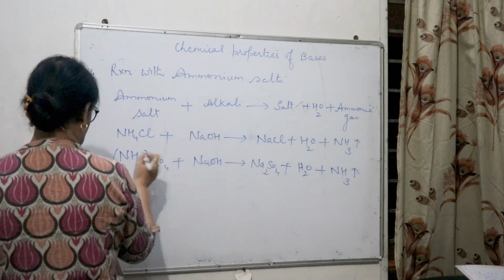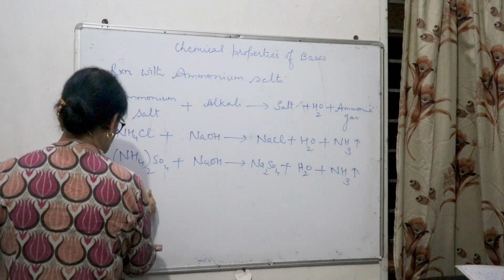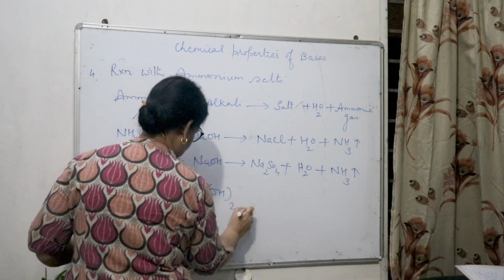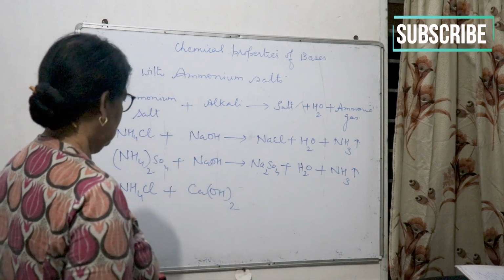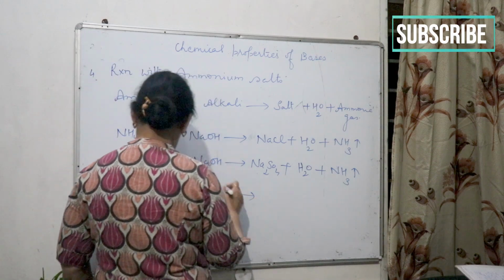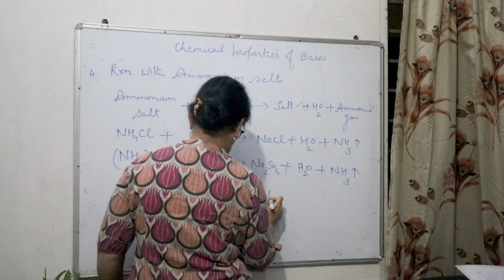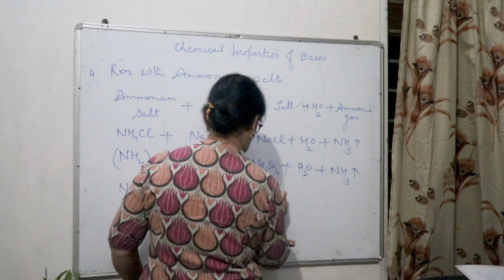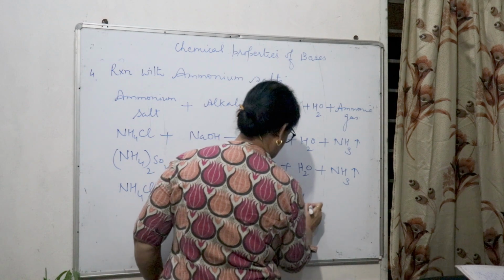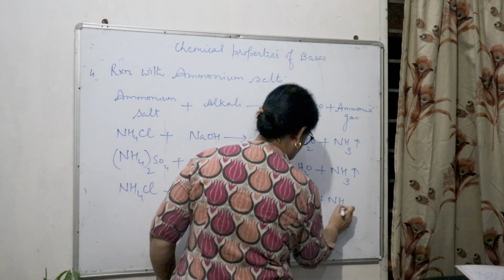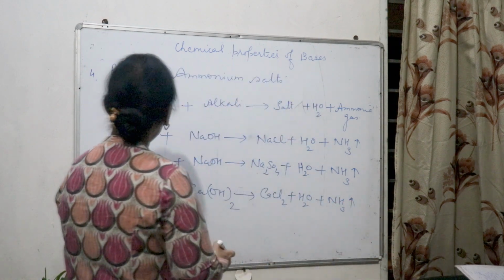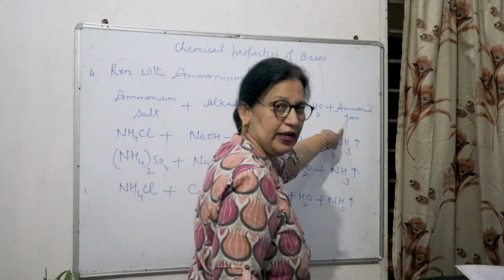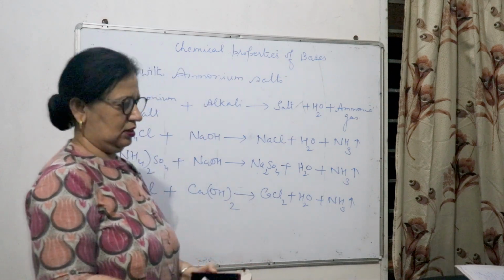Next can be with another alkali, that is ammonium chloride plus Ca(OH)2, this is slaked lime, and that will give CaCl2 plus water plus ammonia gas. So when ammonium salts react with the alkalis, they give salt, water and ammonia gas.